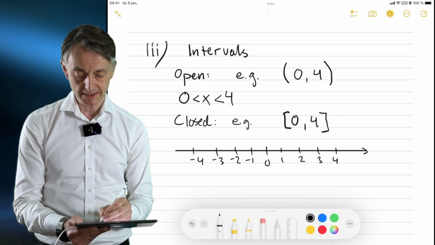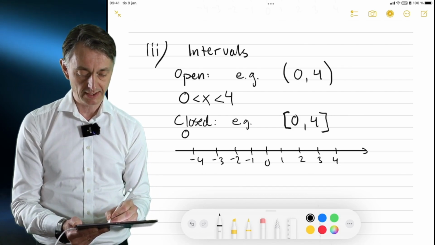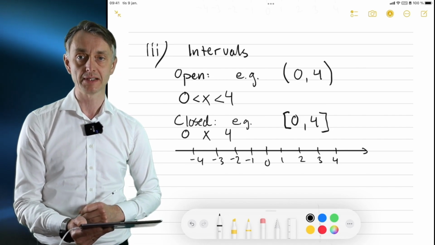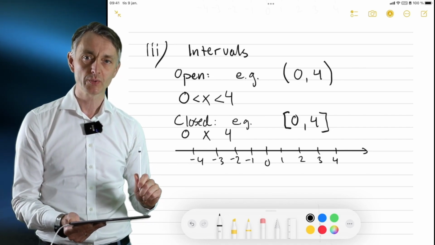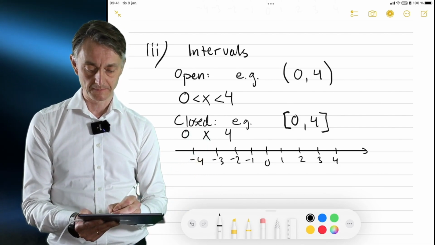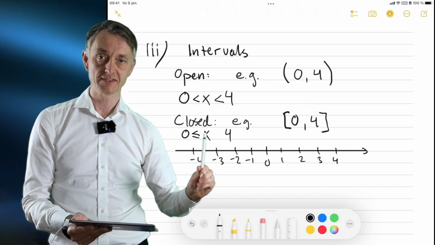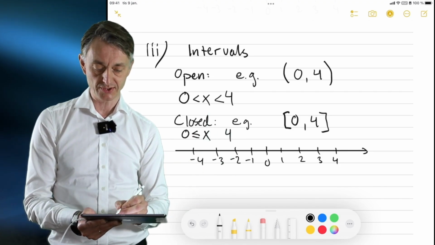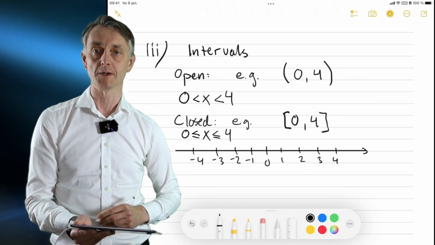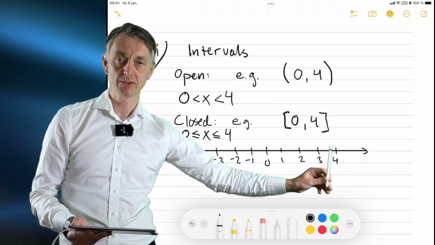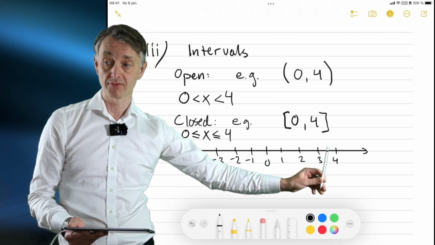You can write it this way. You have 0, and you have 4, as before, and you have x in the middle. But now we want to say that x is bigger or equal to 0. So you use this sign, and x is smaller or equal to 4. That means the same interval, but also including 0 and 4.